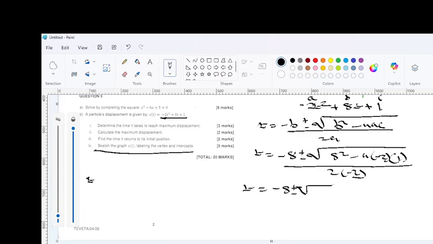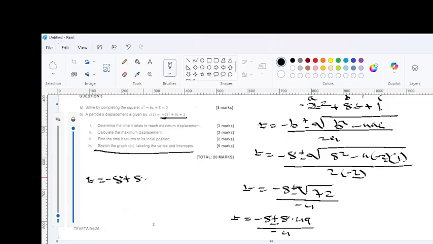So t equals -8 plus or minus the square root of 72. That is 8.49. So we're going to have 8.49 divided by negative 4. So t equals negative 8, we start with the plus first, plus 8.49 over negative 4.